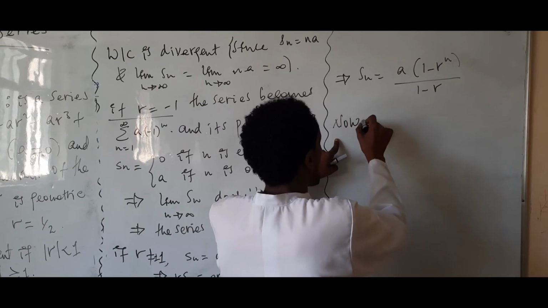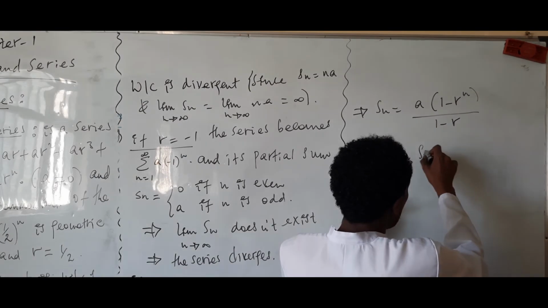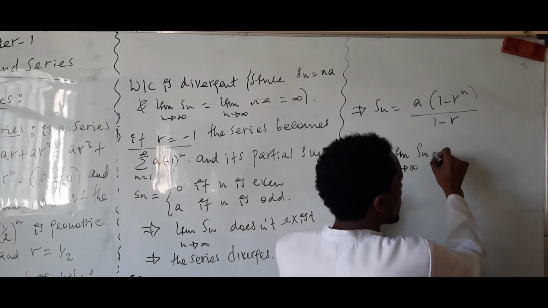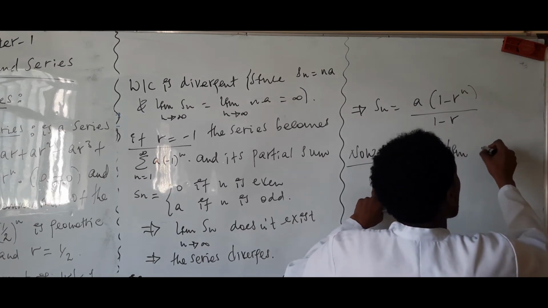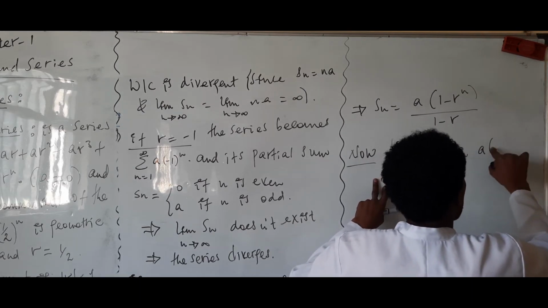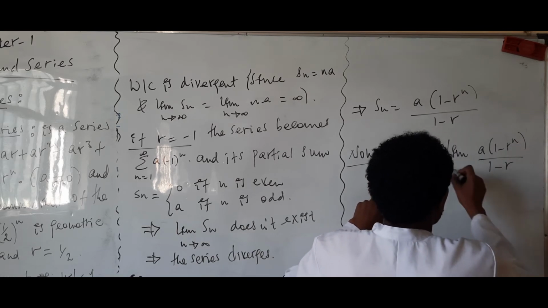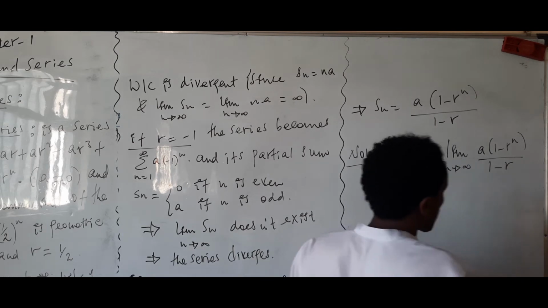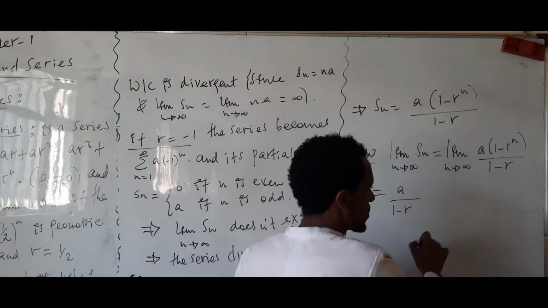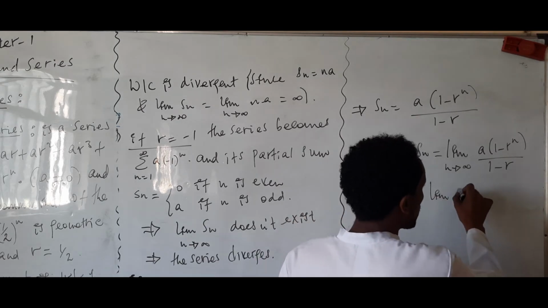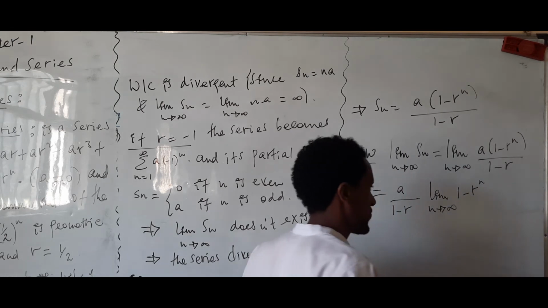Now let us see the limit of Sn as n goes to infinity. The limit of Sn is equal to the limit of a times 1 minus r to the power of n over 1 minus r, which is equal to a over 1 minus r times the limit of r to the power of n.